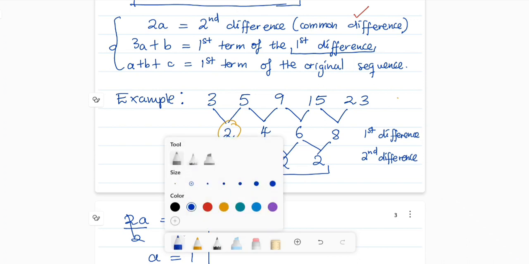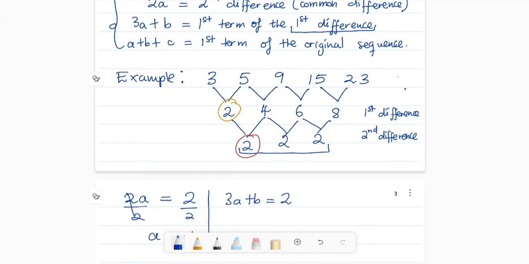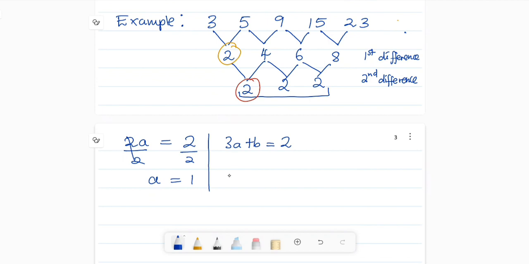It's just a coincidence that we have 2 there. So we substitute: we got the value of a as 1, so 3 plus b equals 2. b is equal to 2 minus 3. So b is equal to negative 1.